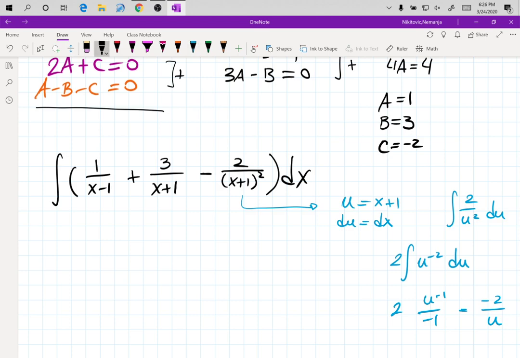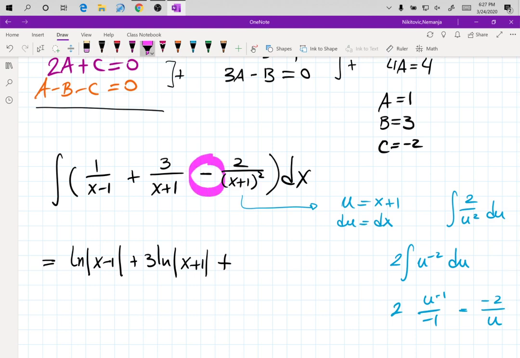So what do I have? The first one there is going to be ln of absolute x minus 1 plus 3 ln of absolute x plus 1. And finally, this minus and this minus make a plus together. So that's why it's a plus over here.